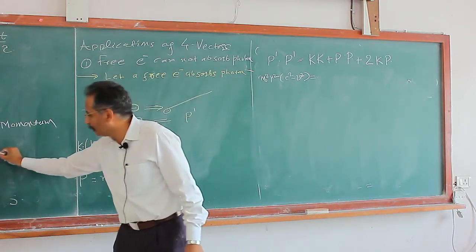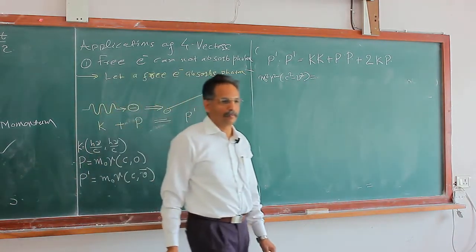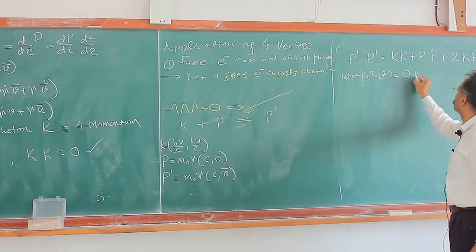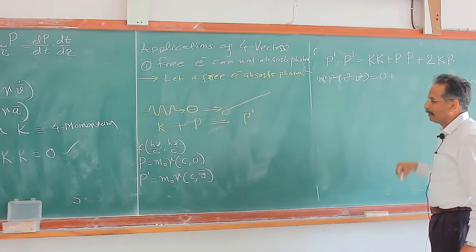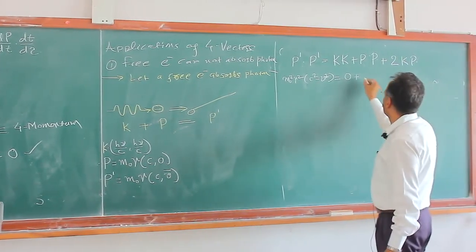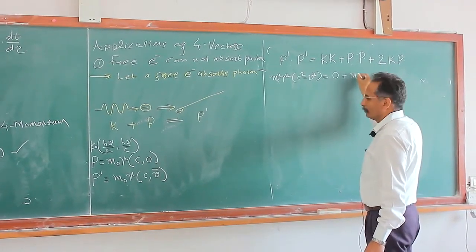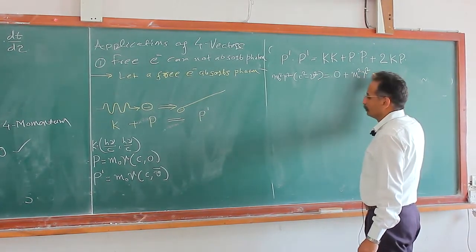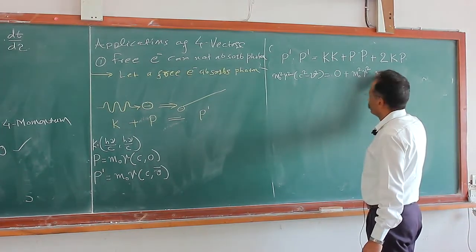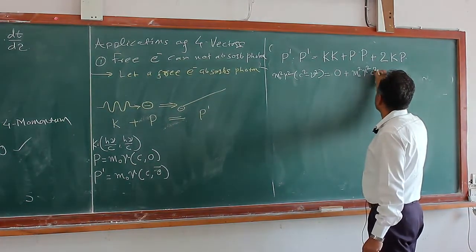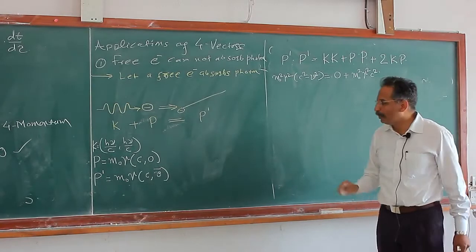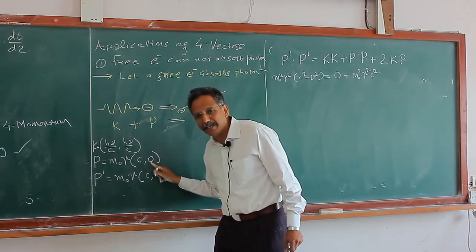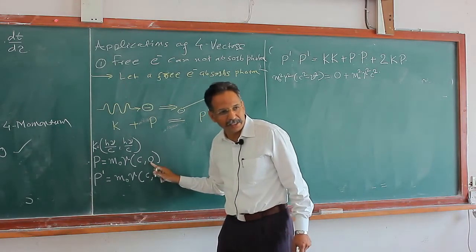For a photon, K dot K is 0. So this is equal to 0 plus P dot P, m0 square gamma square into C square minus 0.